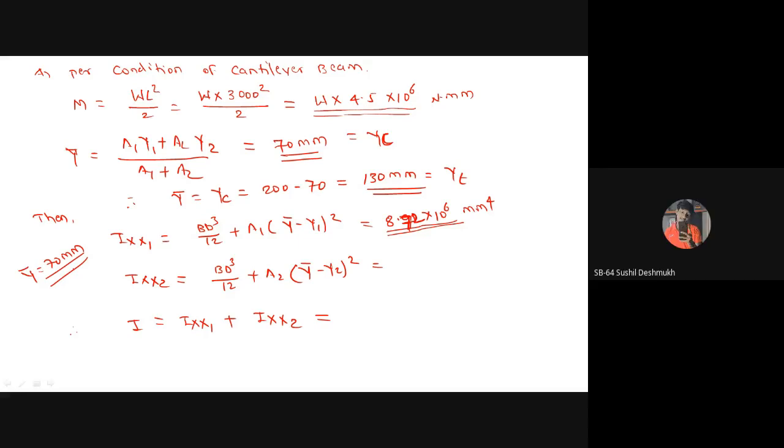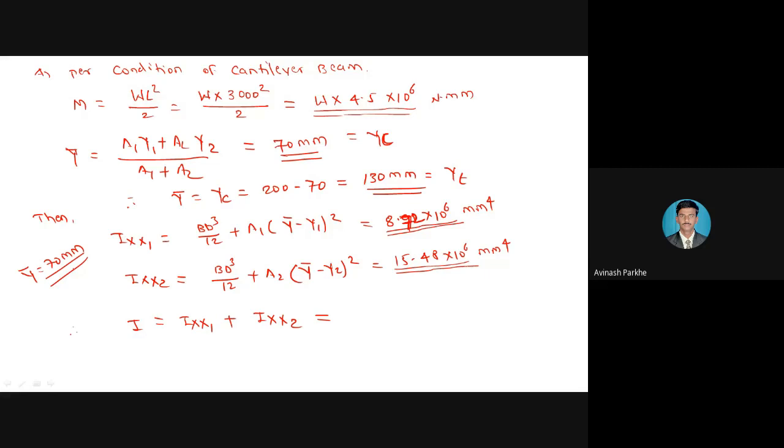15.48 into 10 raised to 6 mm raised to 4. Others, please check your answers. Ixx2 is equal to 15.48 into 10 raised to 6 mm raised to 4. Yes, it is correct now.